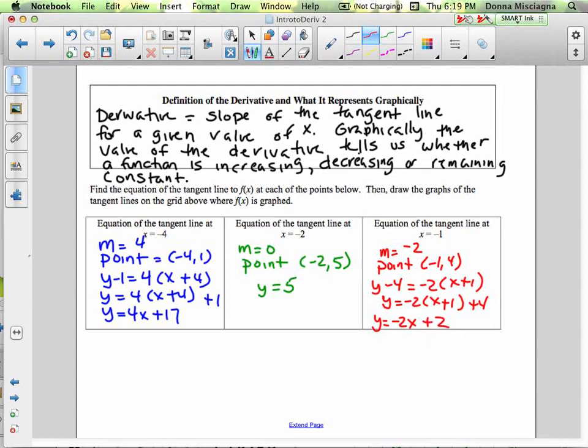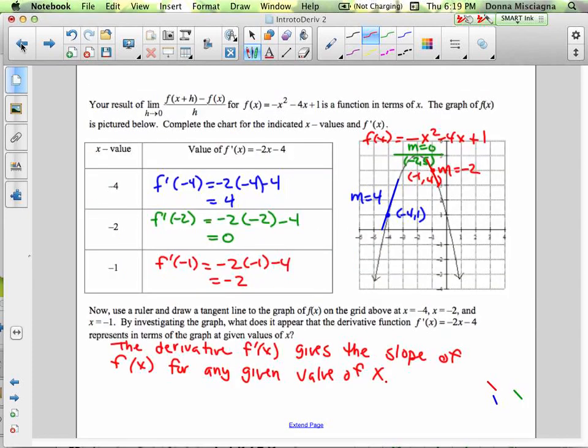And let's see if that seems reasonable for the line that we graphed. Okay? That does seem very reasonable. Like if we continued the line, it would intersect the y-axis at 2. Right? So all we need is the derivative and any point, and we can write the equation. We can find the slope of the tangent line by plugging the x value into the derivative.